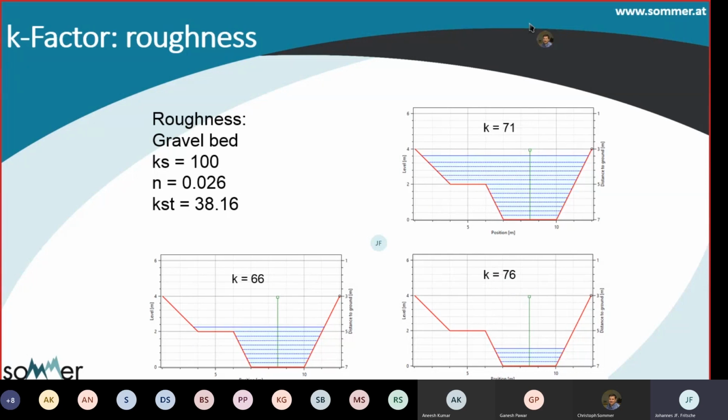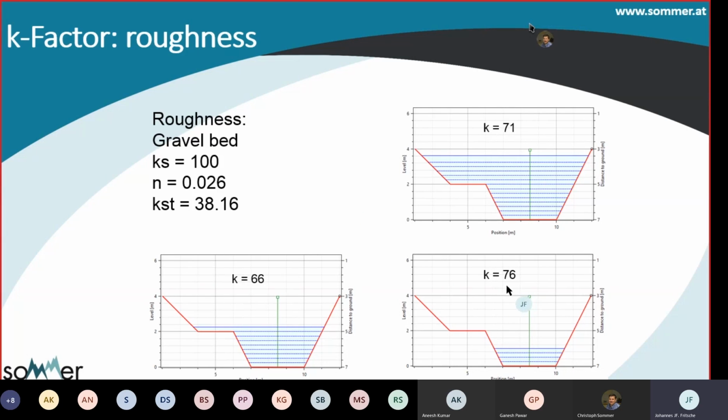But then if we compare this gravel bed here with clean concrete, a very smooth concrete wall, we can see that the K factors generally increase independent of which water level. So at high water levels, it increases from 71 to 77. At medium water levels, from 66 to 73.